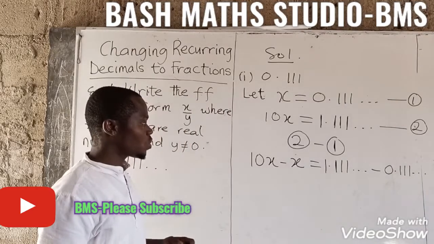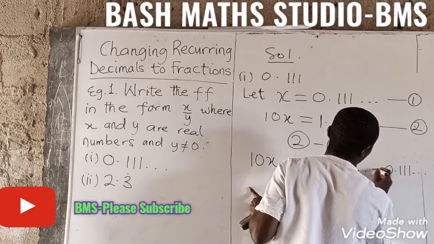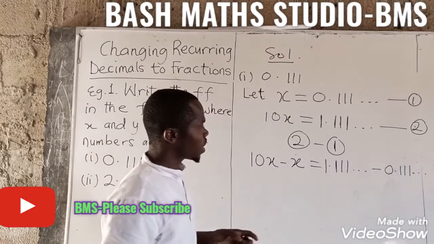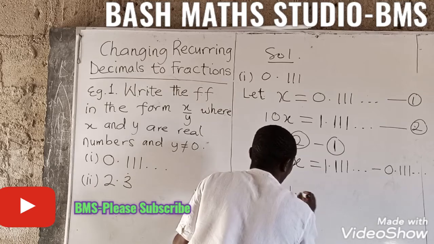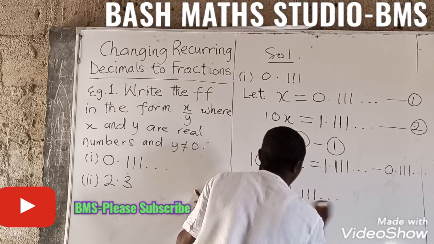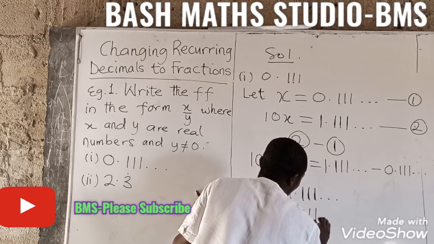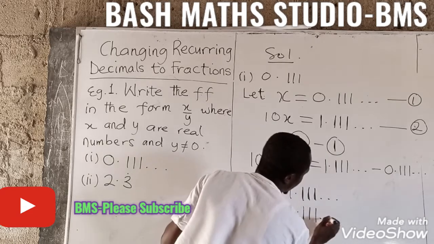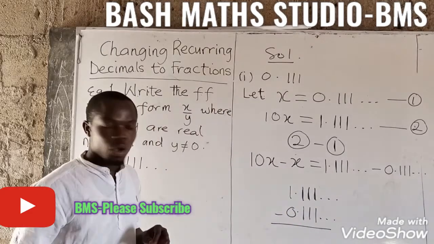If you look at it critically, 1.111 is repeating and 0.111 is also repeating. I'm subtracting. Look at what happened.